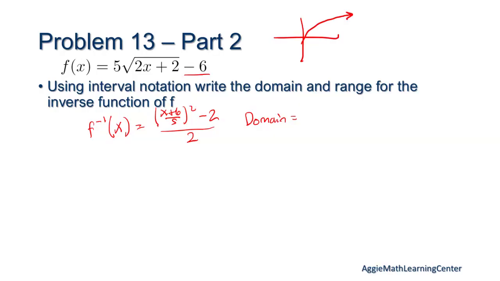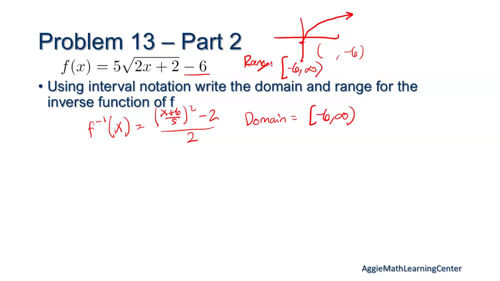So it starts at negative 6, where our range starts. We don't need to know the x value at this moment, but because it's shifted down 6, that will be where our range starts. So the range of this function would be -6 to infinity. And because of that, the domain of the inverse is going to be the same as the range, so it would be -6 to infinity.